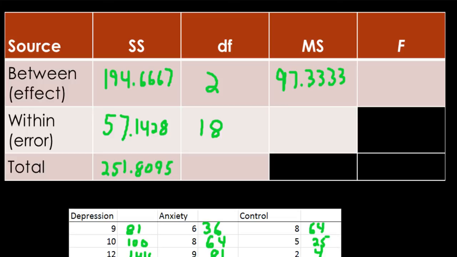We take 57.1428, which is sum of squares within, and divide it by 18, which is degrees of freedom within, and we get 3.1746.